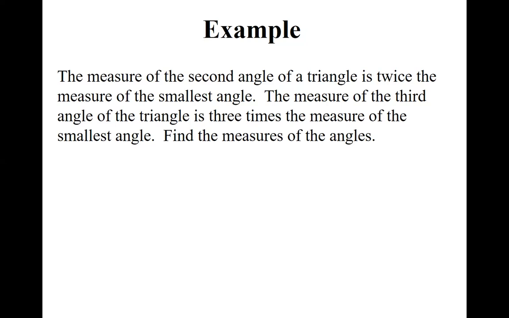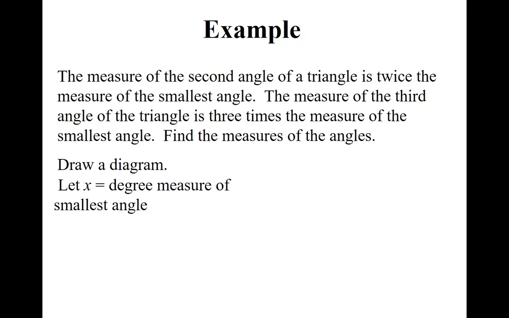Since we're talking about a triangle, we can draw a diagram. And let's let our unknown be that degree measure of the smallest angle. Let's call that x. We're told that the measure of the second angle is twice the measure of the smallest angle.